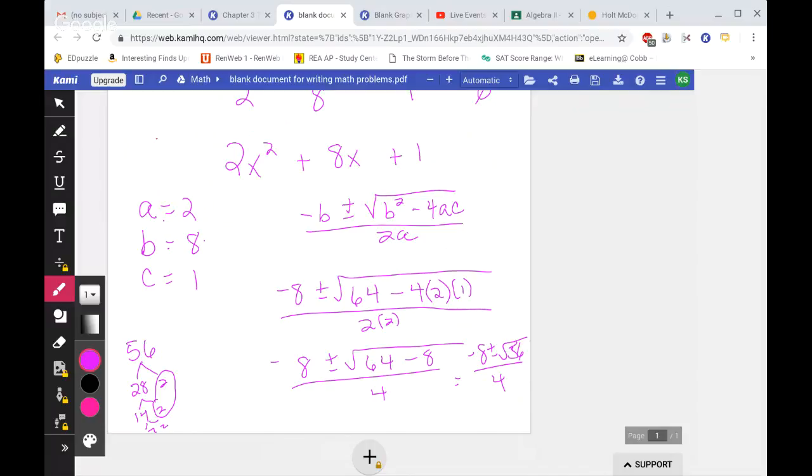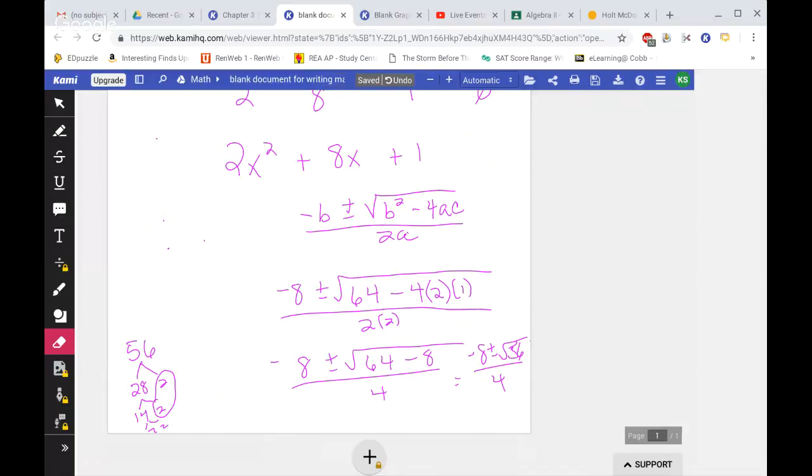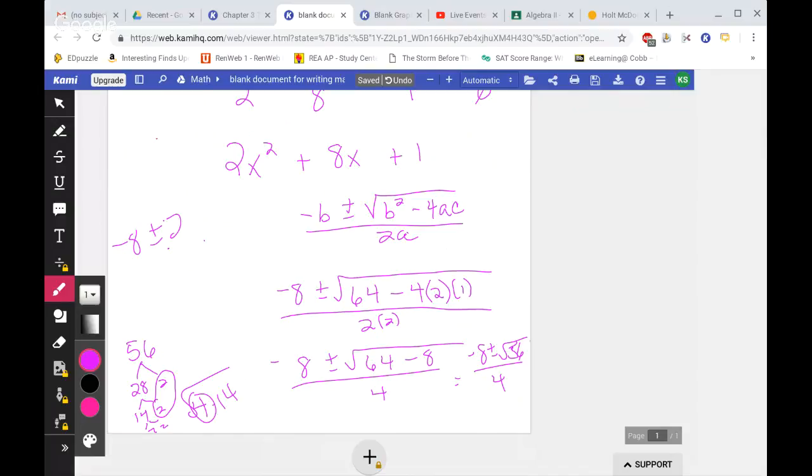All right. Well, here you are in math lab. I'm going to erase over here because you're right, Garrett. I did run out of room. But this is negative 8 plus or minus. This factored is going to be 4 times 14. Underneath the radical, 4 is a perfect square, so I'm going to bring it out, leave 14 in, and that's all going to be over 4, which then can be reduced.